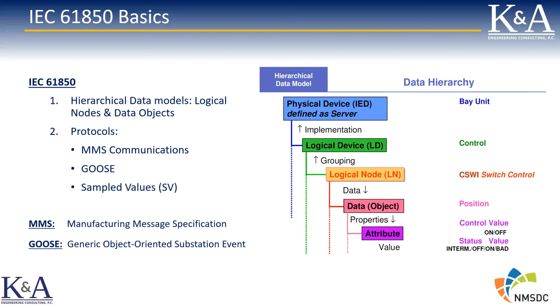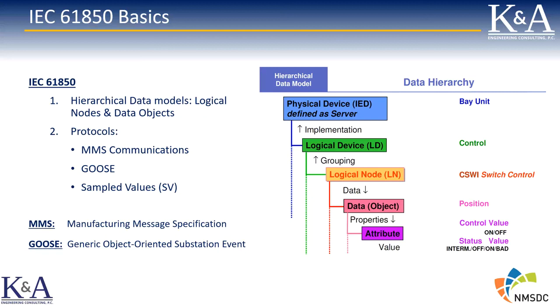And finally, sampled values. Sampled values are used in the process bus. They are collected by special units called merging units, and they are digitized representations of the PT and CT analog readings that are generated by the instrumentation in the substation.